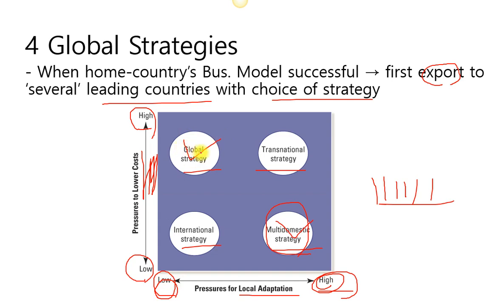Adidas and Nike probably use a global strategy, because if you look at their advertisement or their strategy, they don't really have to adapt to local culture. And I think they have a very high pressure to lower their costs, because their advertisement is all the same for each country. So they are using what? Global strategy.